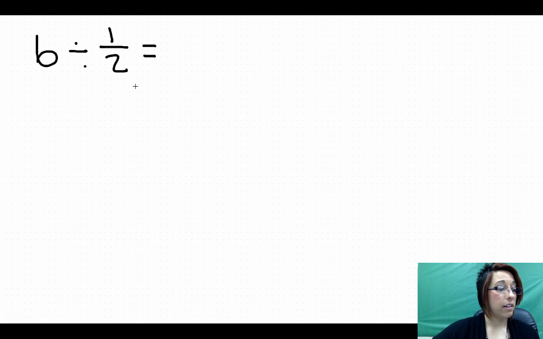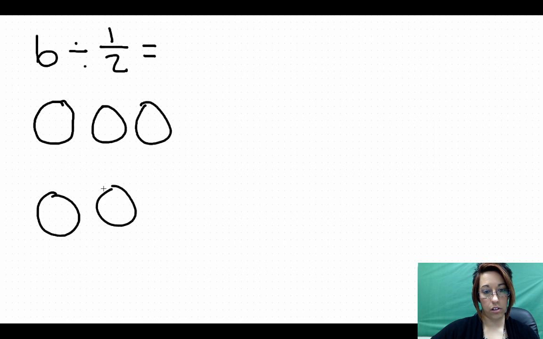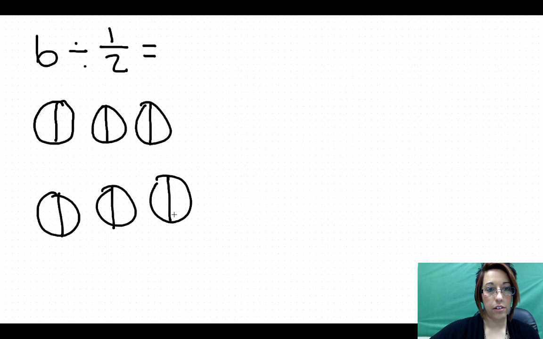So 6 divided by 1/2. I'm going to use circles this time. There are 6 wholes. Each of those I'm going to divide into 2 sections. So when I look at that, 6 divided by 1/2 gives me 2, 4, 6, 8, 10, 12.